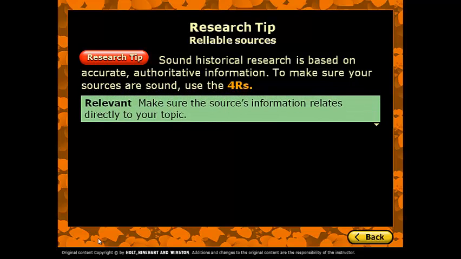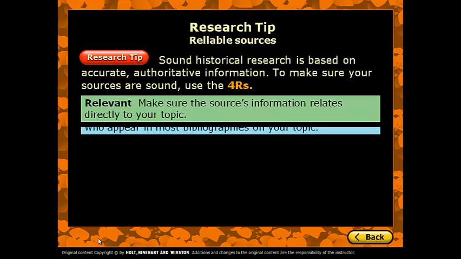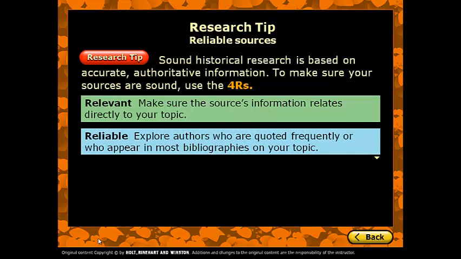First, we need relevant sources. You have to make sure that you're sticking to the topic. So you make sure your source information relates directly to your topic. It's not going off in left field somewhere. You stay really focused and you stay on your topic. It's relevant.